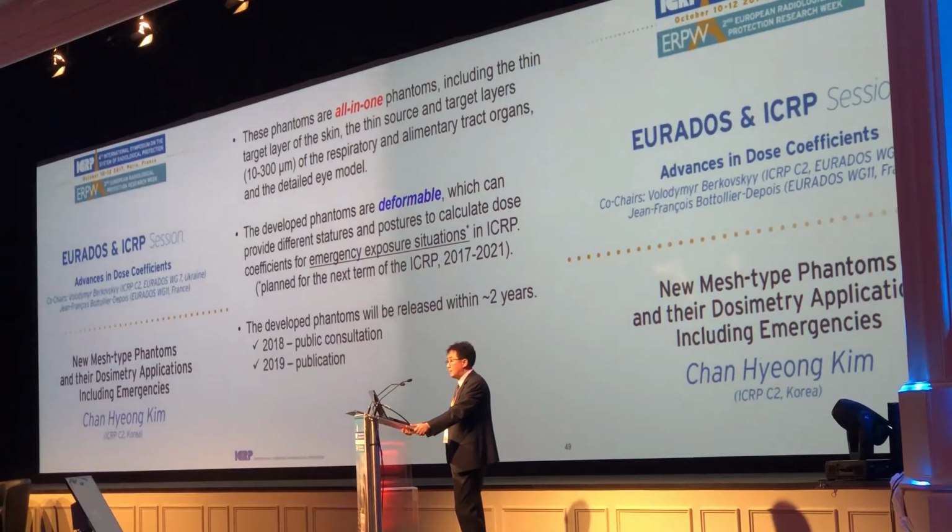According to our plan, the developed phantoms will be released within about 2 years. So we'll try to get public consultation in 2018, next year, and we'll try to publish the report in 2019. And before I conclude my presentation, I'd like to emphasize that the new mesh type reference computational phantoms are an exact replica of the current voxel type reference computational phantoms.